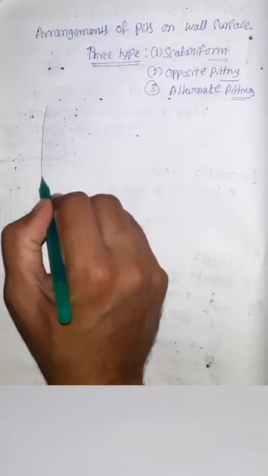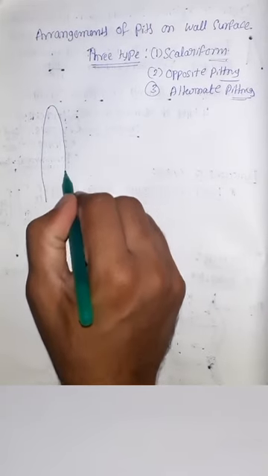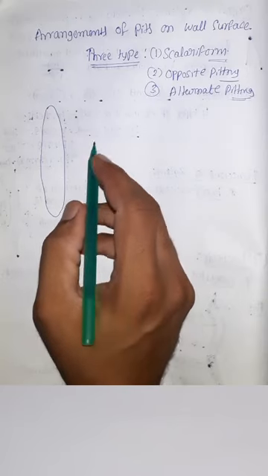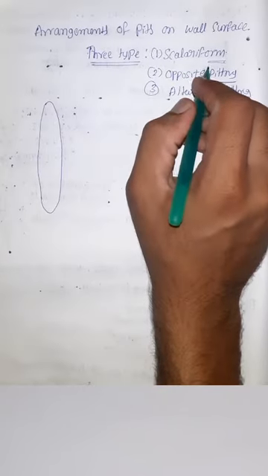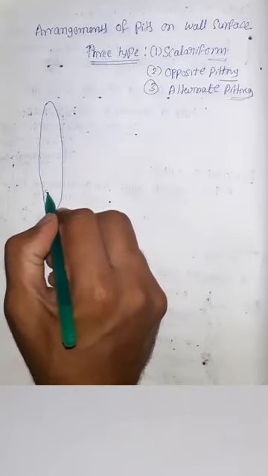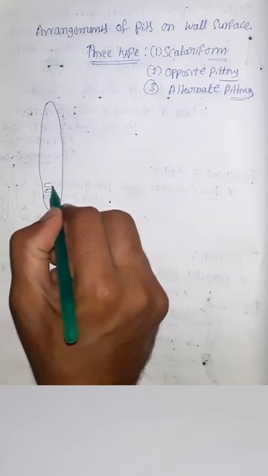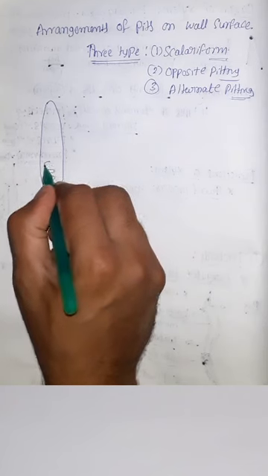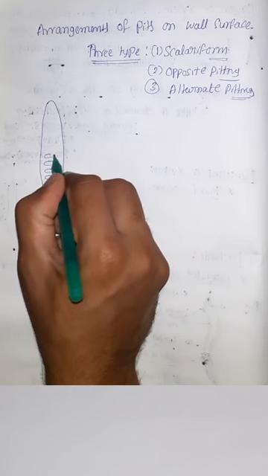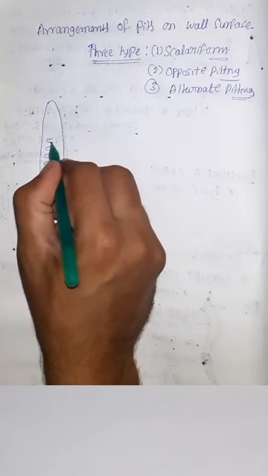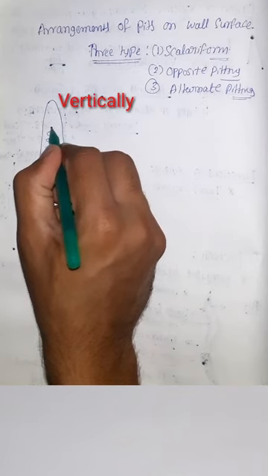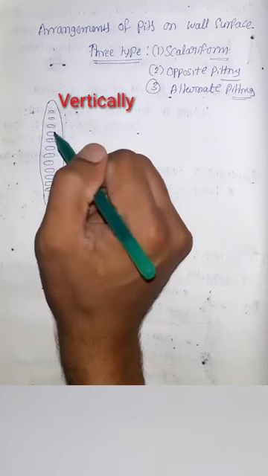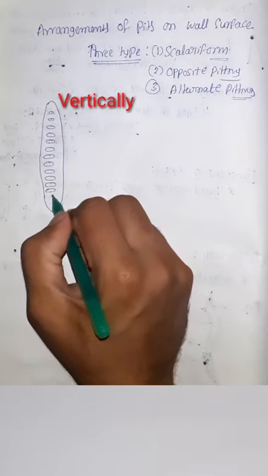For example, this is a cell of trachea. In case of scalariform pitting, the pits are arranged one upon another like this. The pits are arranged horizontally on a single line like this.